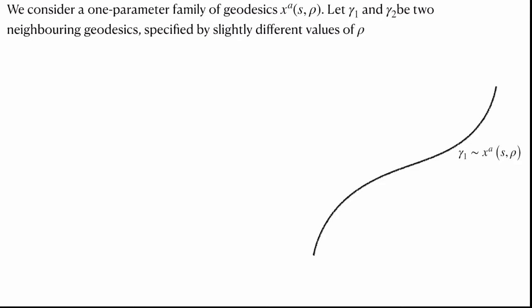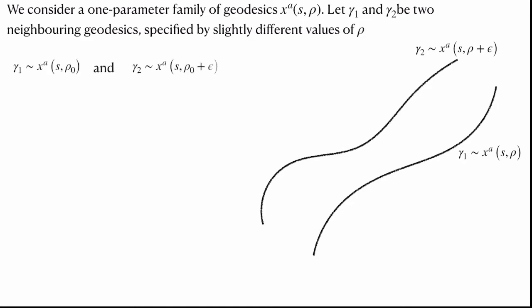So we have the Γ1 curve, given by x^a(s, ρ), and the second curve, Γ2, given by x^a(s, ρ + ε), where ε is a tiny quantity which eventually we want to set to 0. So Γ1 is given by x^a(s, ρ0), and Γ2 is given by x^a(s, ρ0 + ε).